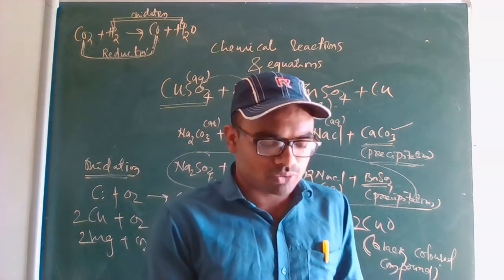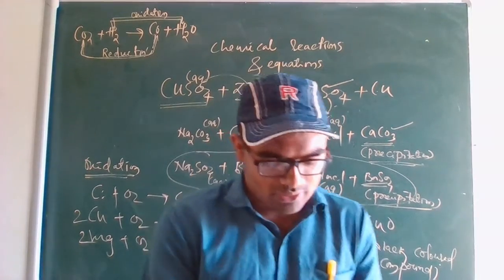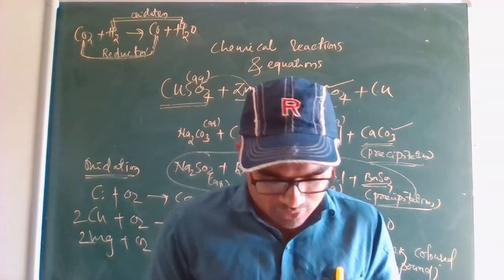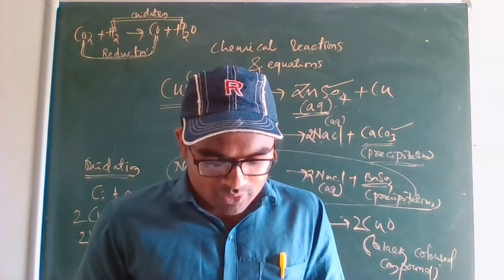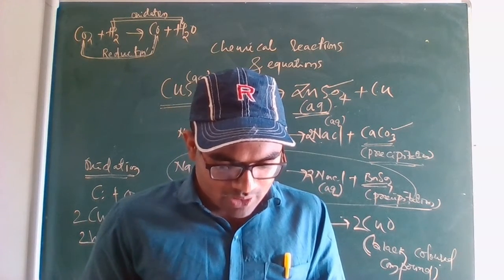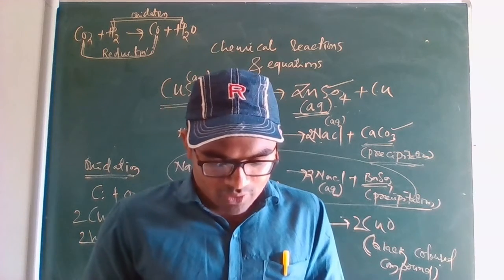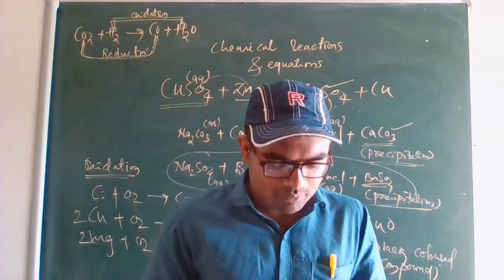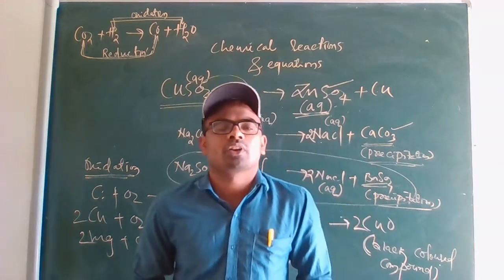Explain the following terms with one example each. So that is the 20th question. Explain the following terms with an example each. So that is corrosion and rancidity. What is corrosion? A process where materials, usually metals, deteriorate as a result of chemical reaction with air, moisture and chemicals.